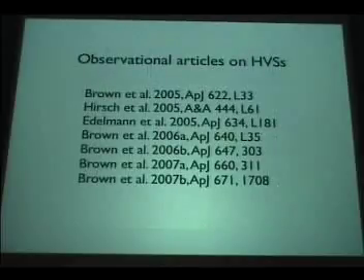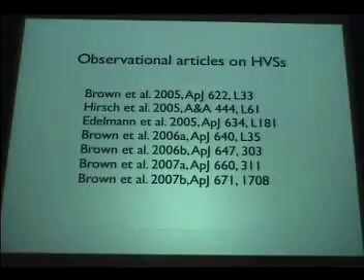Having discovered one, they worked a bit harder and kept looking for these things. Don't try and write all these down. I can give you them later. But you can also find them on the web, of course. The point here is there've been several observational studies since then, progressively over time. The first 2 or 3 here find individual high-velocity stars called HVS 1, 2, and 3, etc. But by the time we get down to Brown et al. 2007A here, they're actually doing a survey and they're finding several objects.